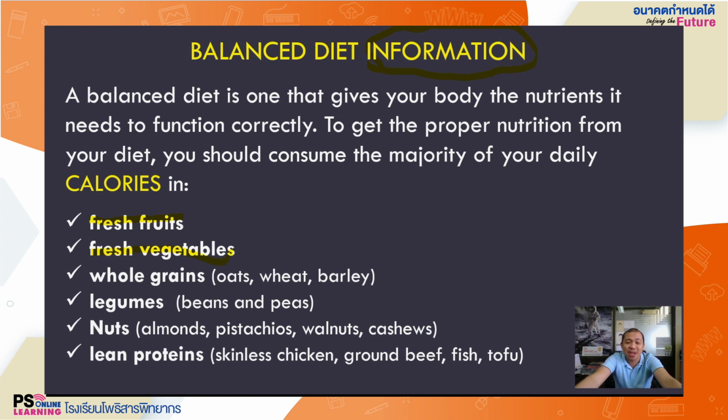Then whole grains, you have oats, wheat, barley, legumes, which are beans and peas, nuts, almonds, pistachios, walnuts, cashews. Then lean proteins, examples are skinless chicken, ground beef, fish, and tofu.